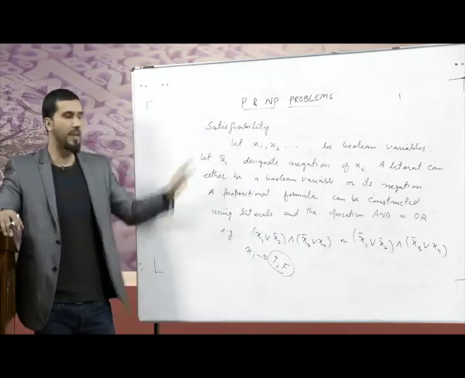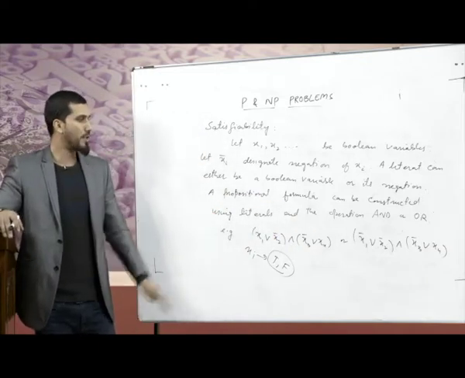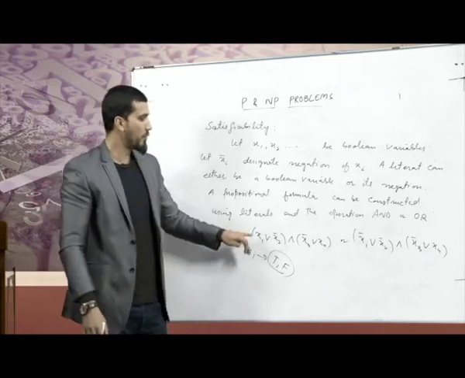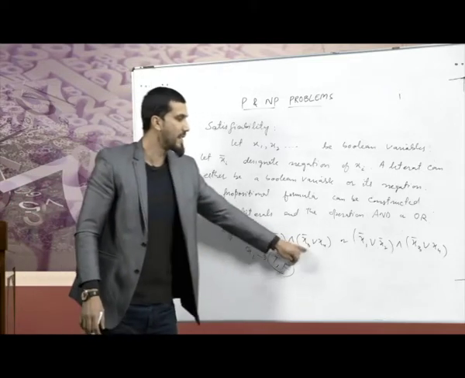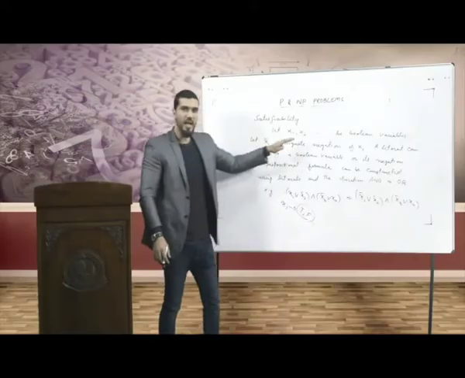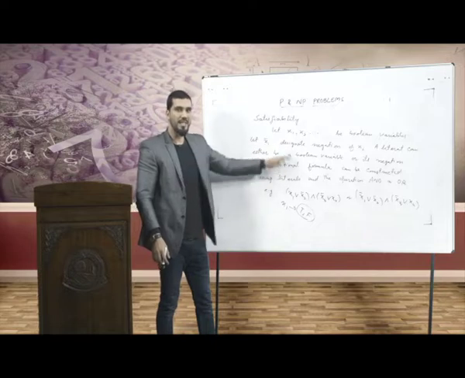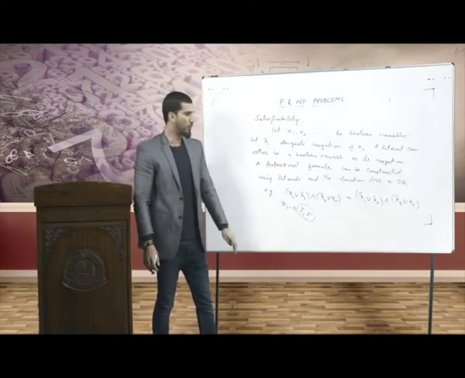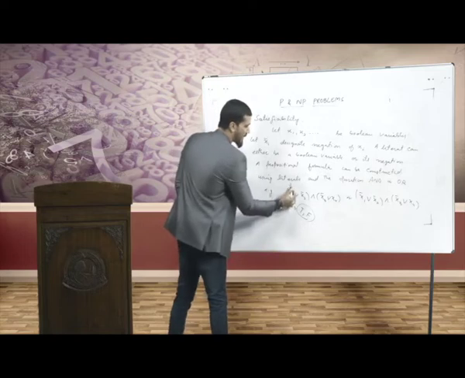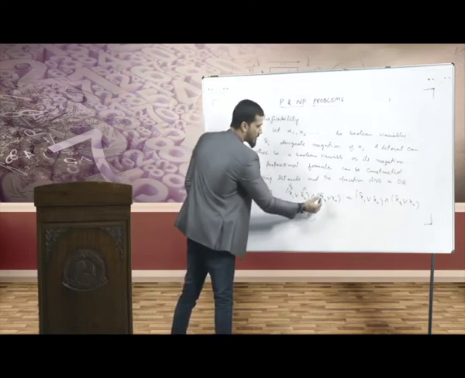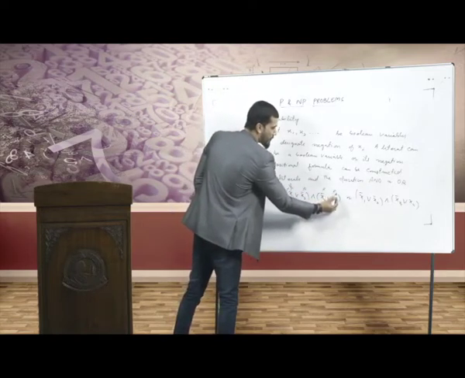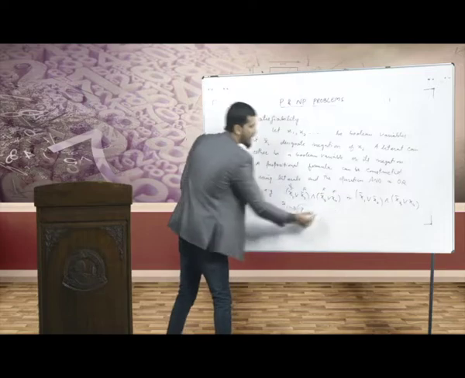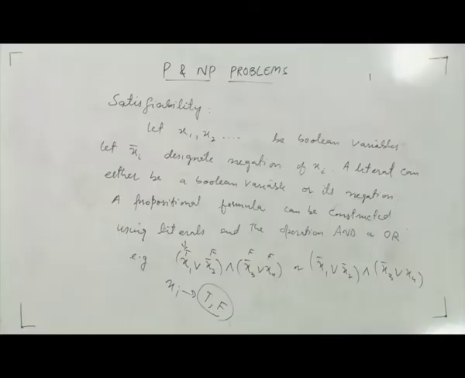That's our satisfiability problem. So like we can assign this as true, this as false, this as false, this as true, and then we can see whether this comes up as true or false.